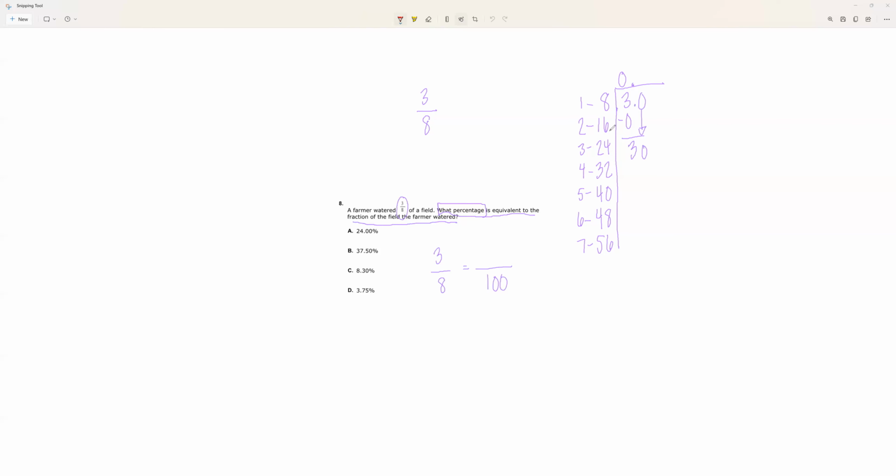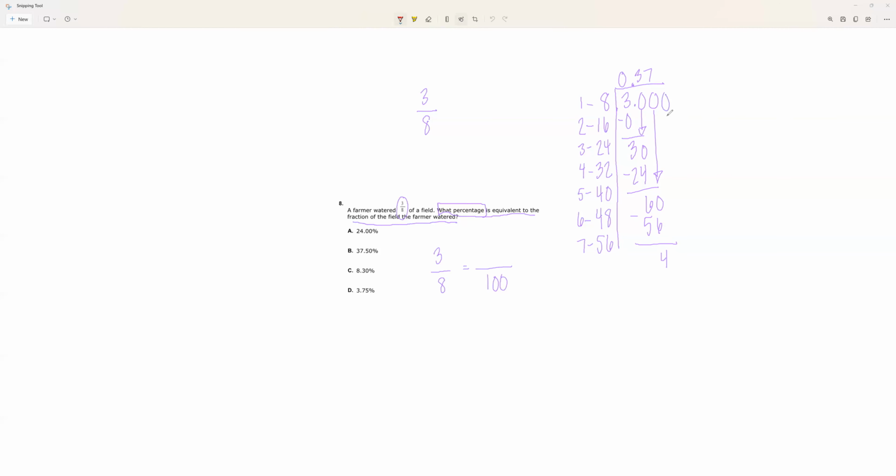Now 8 goes into 30. If I go right here, it says too many, so it's going to be 3 times, minus 24. 30 minus 24 is 6. I have to add another 0 and bring another 0 down. Now 8 goes into 60 7 times, because 1 more is going to be too much. So 56, and that comes out to 4.